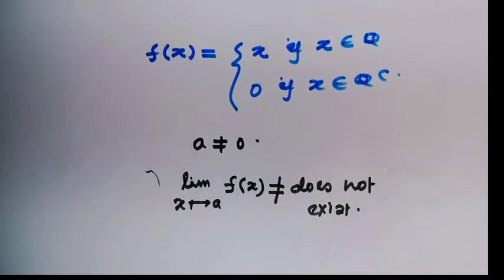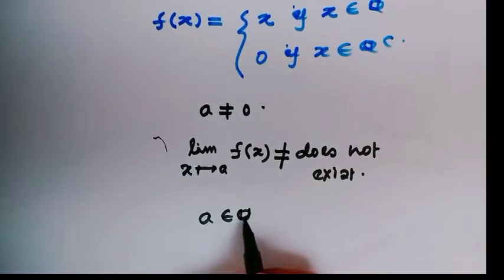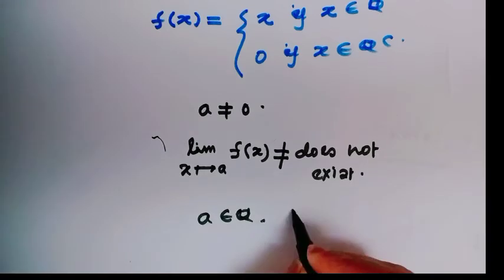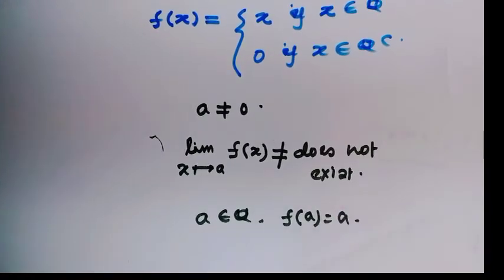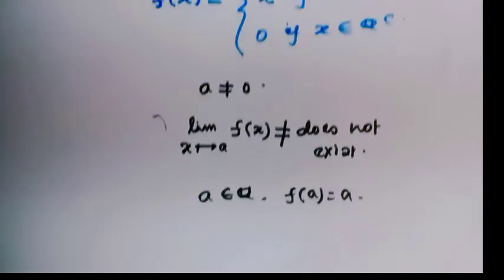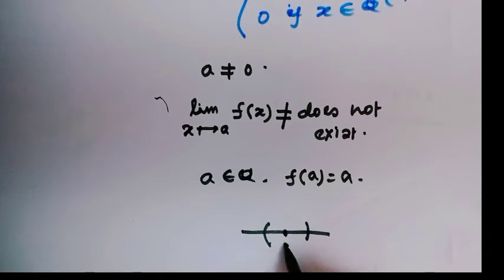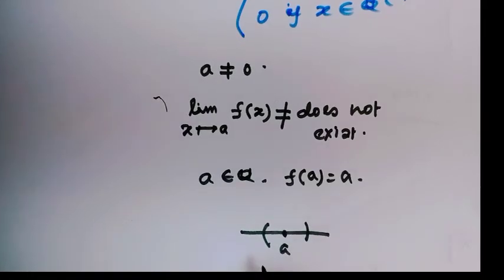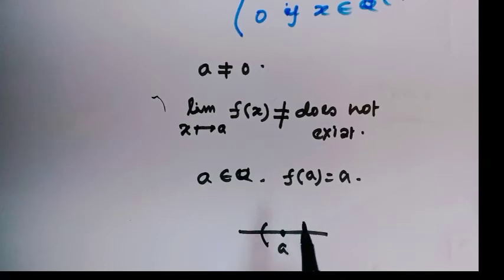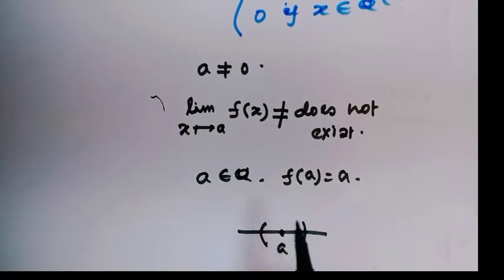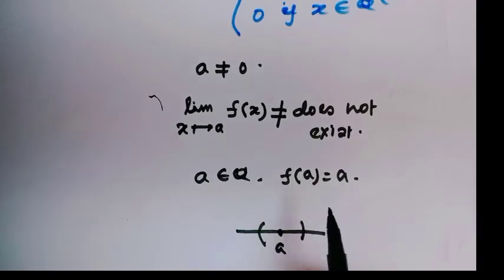Let's consider a belonging to the rational numbers. Okay? And consider f(a) equal to a. If I take any neighborhood containing a, then there are countably many rational numbers and uncountably many irrational numbers in it.